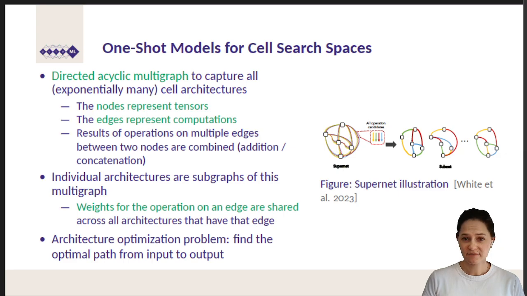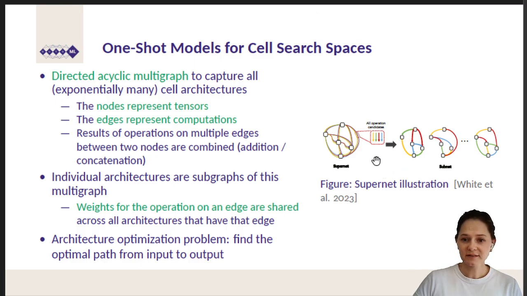So having a multigraph means we have several operation edges connecting the nodes with each other, and therefore the combination, which could be an addition or concatenation of the operations, results in the actual operation on being the node here. So the overall idea is that the individual architectures are subgraphs of this multigraph.